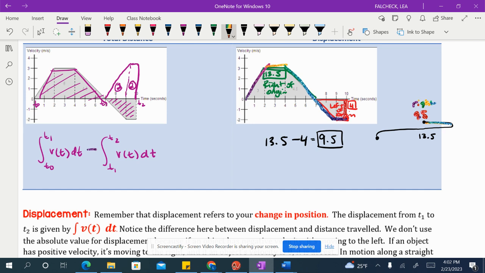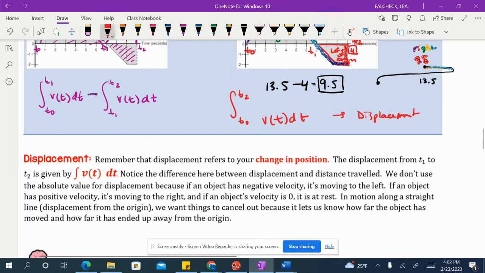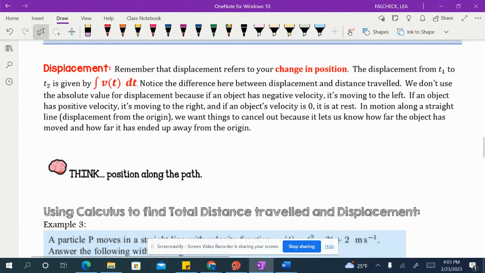Okay, so let's see, we have from here to here, from time 0 to time 2, we would just take the entire integral of that, and that would give us the displacement. Okay, we're not messing with the signs like we are over here to keep things positive. So the big difference is with displacement. Remember that displacement refers to your change in position.